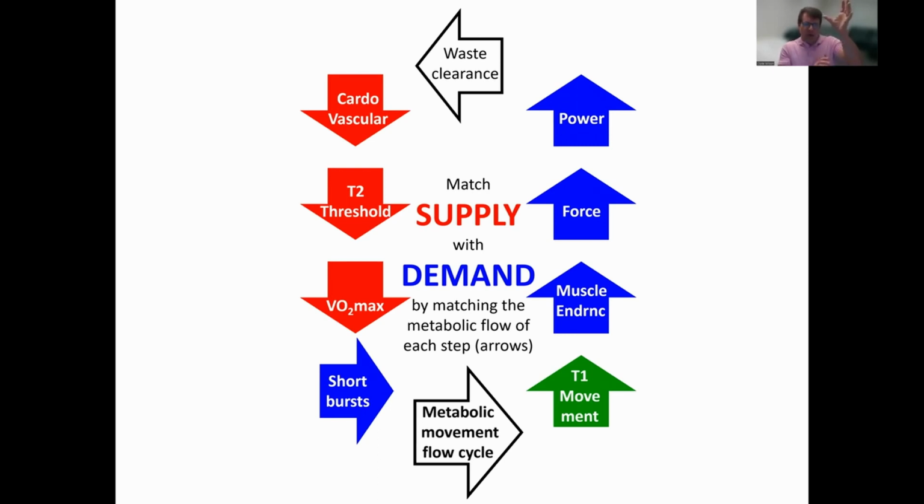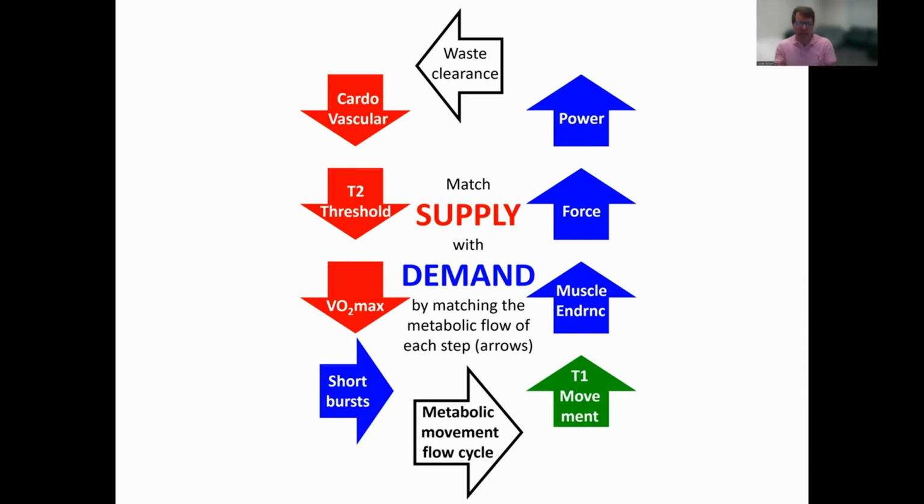And so the red arrows show you where you're increasing the supply, but the short bursts, which is still cycling, walking, and swimming, still has the look from an outside observer as cardiovascular exercise, but its effect is on the demand. And then that supply, the red, is feeding into the demand, which is increased with the bursts, with muscular endurance, increased force, and increased power, and then waste clearance, and the system starts again.